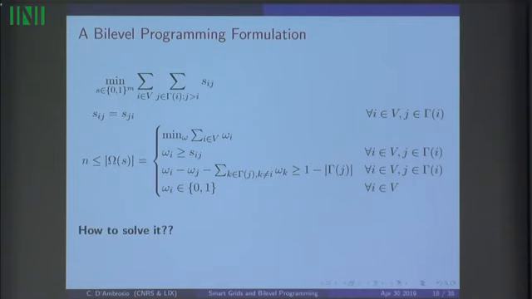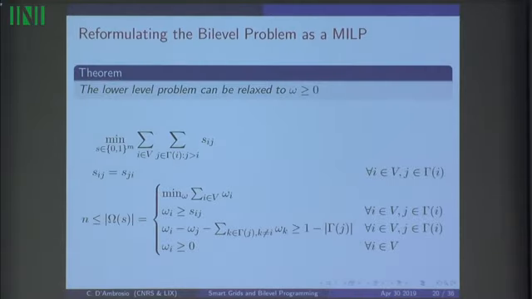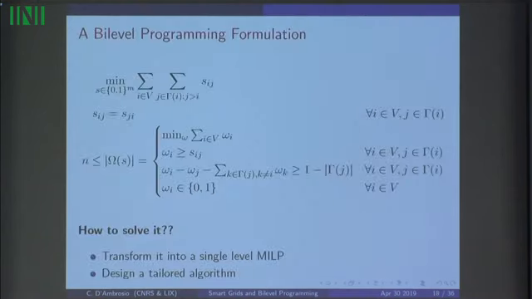Okay, now the question is how to solve this problem, because the solvers that we have typically do not solve this problem. So we propose two methods. One is to transform this into a single MILP, and I will show you immediately how to do it. And the other one is to design a tailored algorithm. Okay, so how do we get a single level problem?